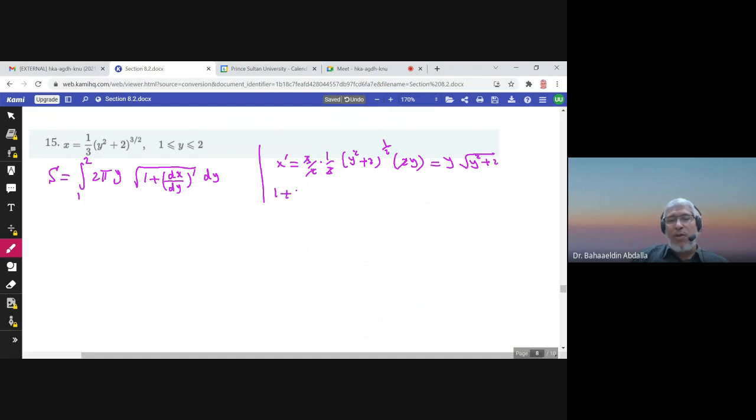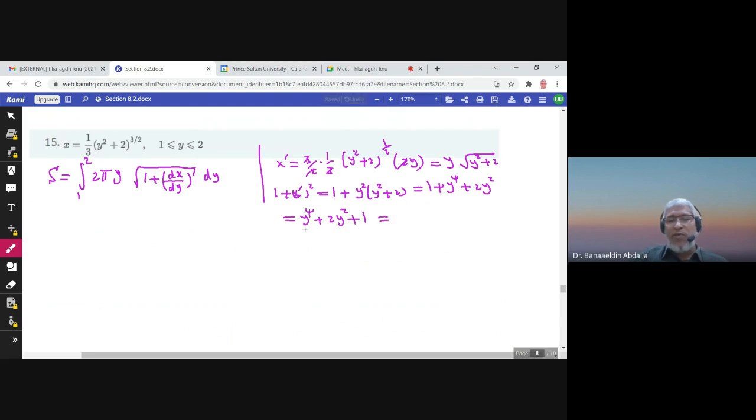Now 1 plus x prime squared would be 1 plus, when I square this, y squared times y squared plus 2. So this is 1 plus y to the power 4 plus 2y squared, and this is y to the power 4 plus 2y squared plus 1.